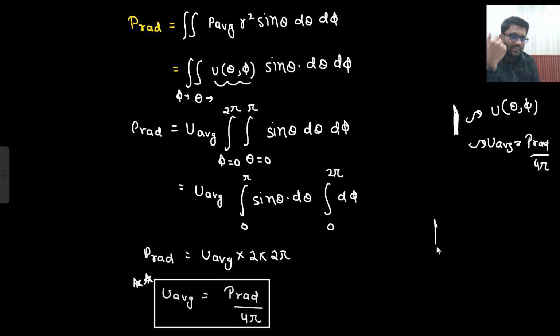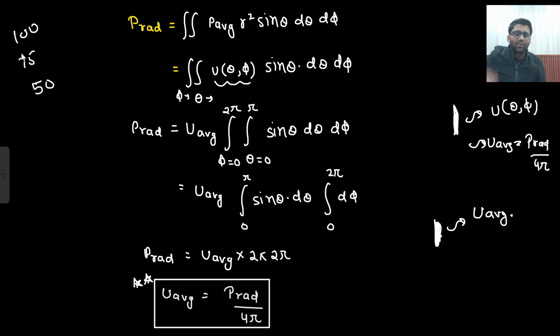And this is your isotropic antenna. If I ask you what is the radiation intensity of isotropic antenna, that is equal to U average only. So this is just a base. Are you getting this point? Let's say there is a class where some guy is getting 50 marks and other guys are getting 75 marks, 100 marks, and some guy is getting 150 marks.